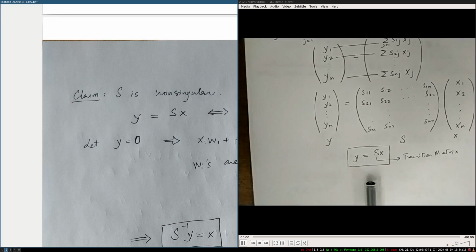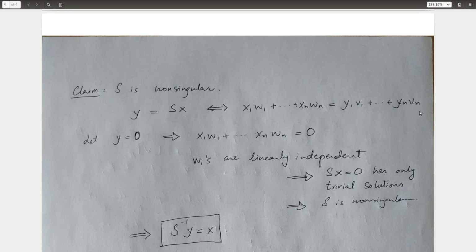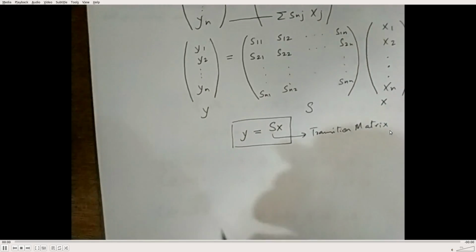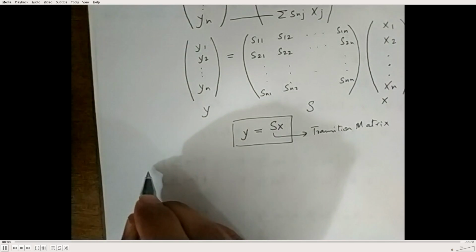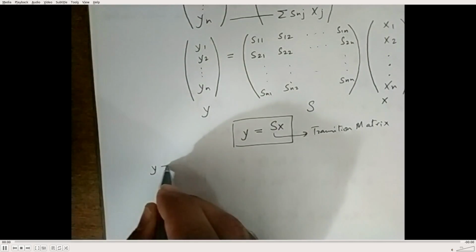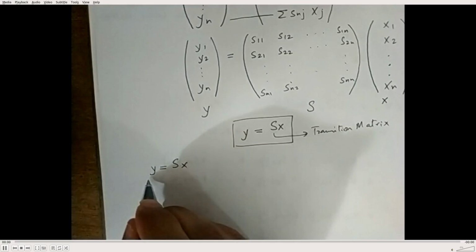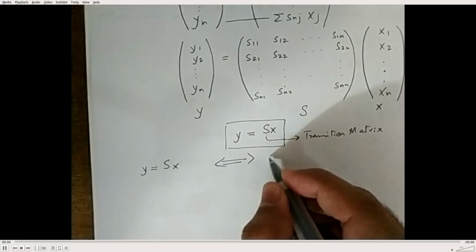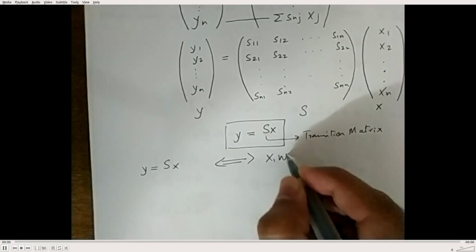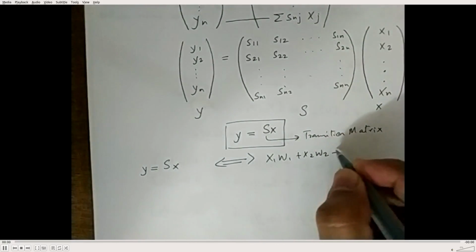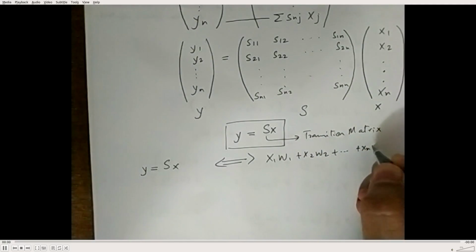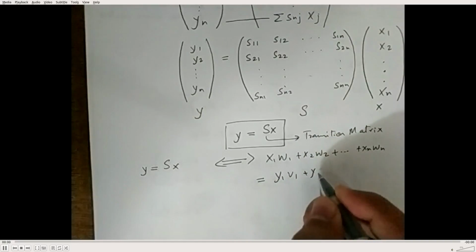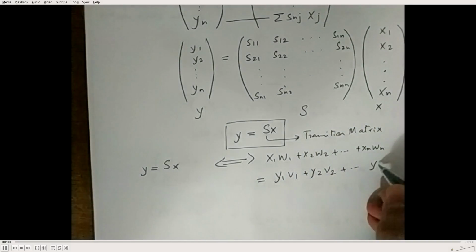If we see that we're calling S the transition matrix, what we're basically saying is that if I can go from coordinates x to coordinates y, then I'm basically expressing each vector x1 w1 plus x2 w2 up until xn wn as equal to y1 v1 plus y2 v2 plus up until yn vn.